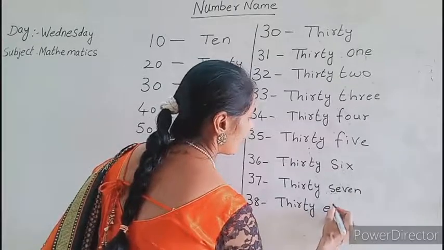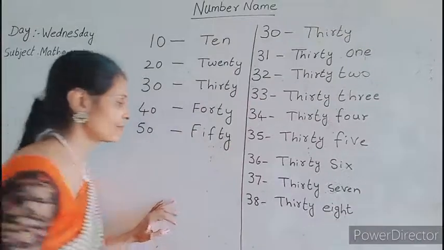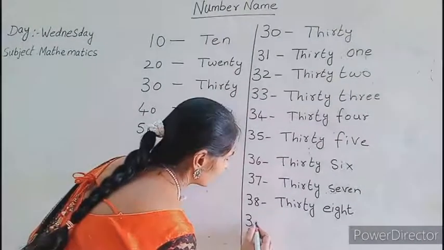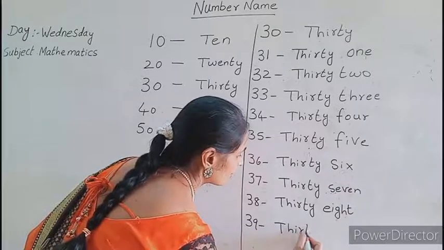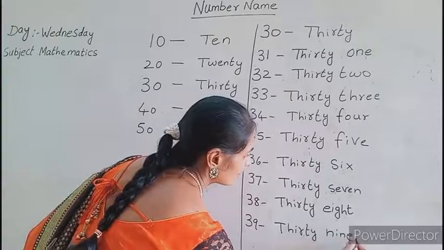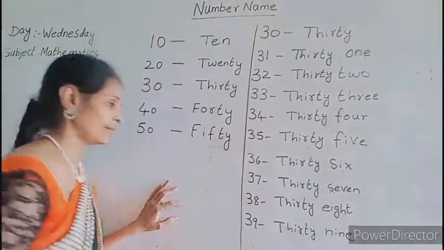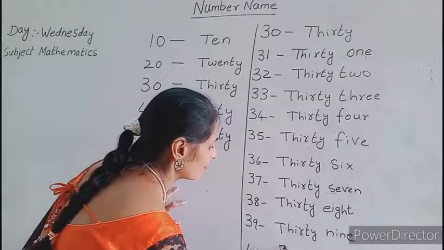T-H-I-R-T-Y, 30. E-I-G-H-T, 38. Then 39. T-H-I-R-T-Y, 30. N-I-N-E, 39. Then 40.